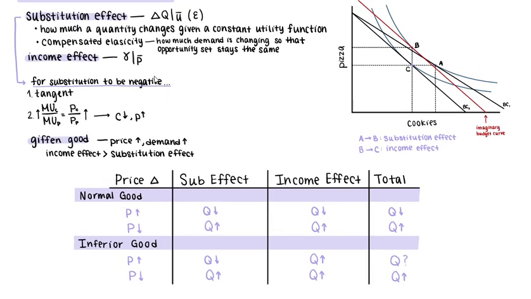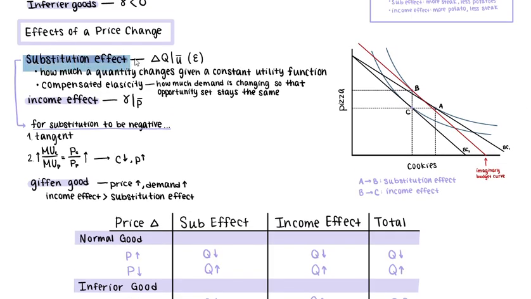Okay, so here are two important effects. The substitution effect is how much a quantity changes given a constant utility. That means you're holding the same amount of utility, and how the price change affects your bundle, your distribution of these two items.